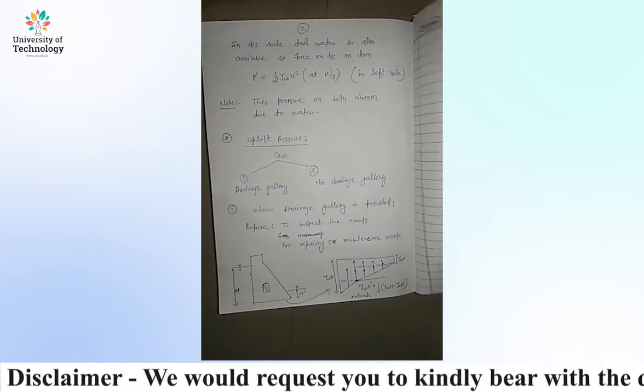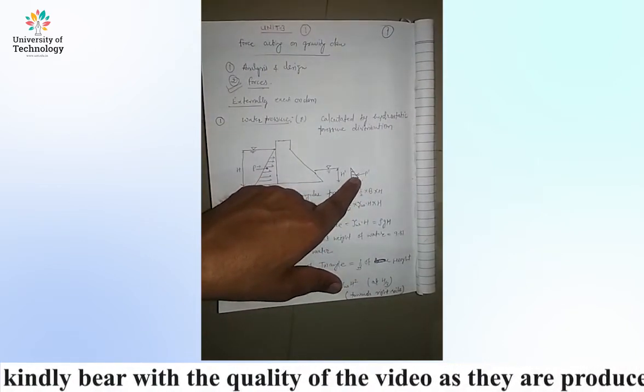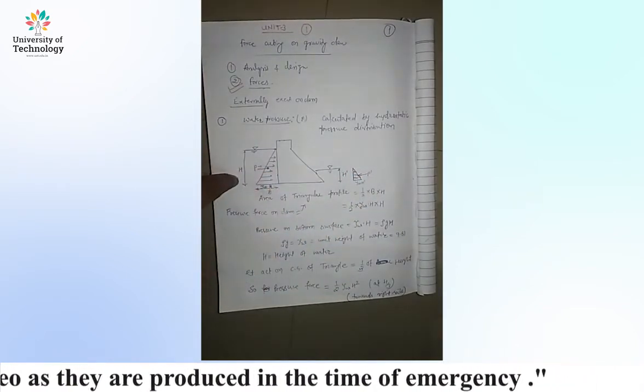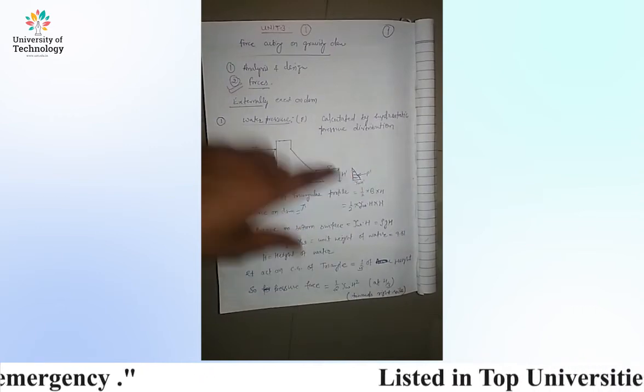Suppose there is a P dash pressure acting at the center of gravity of this triangle, at a height of H dash/3.